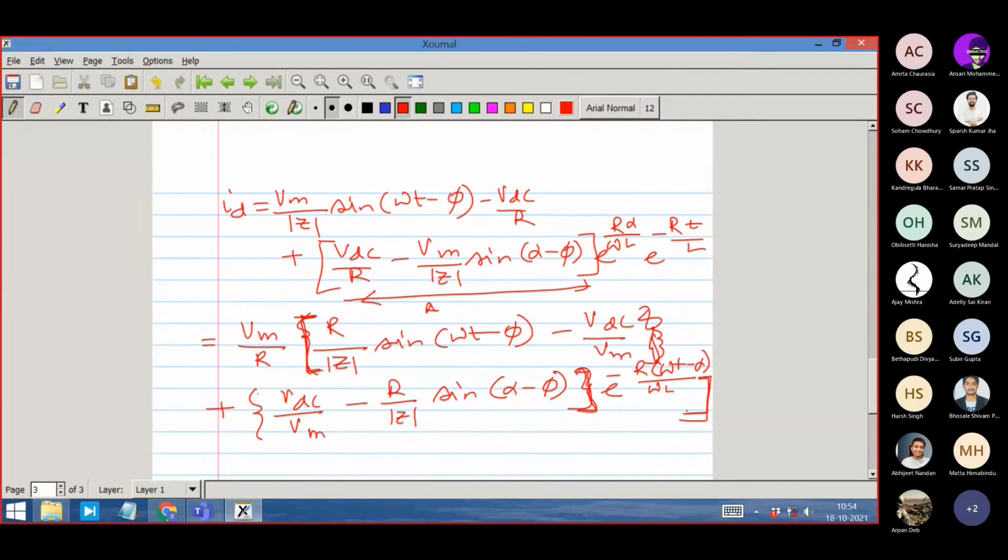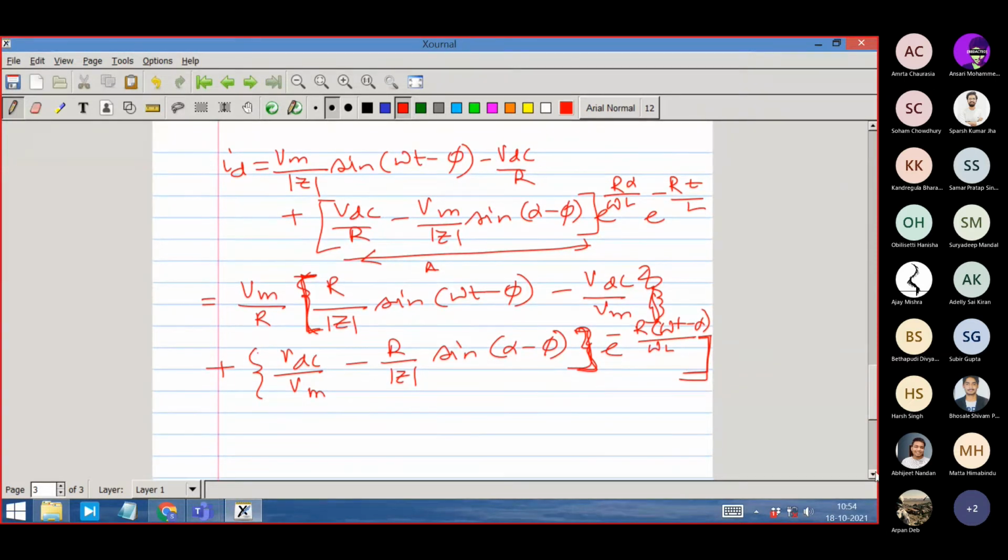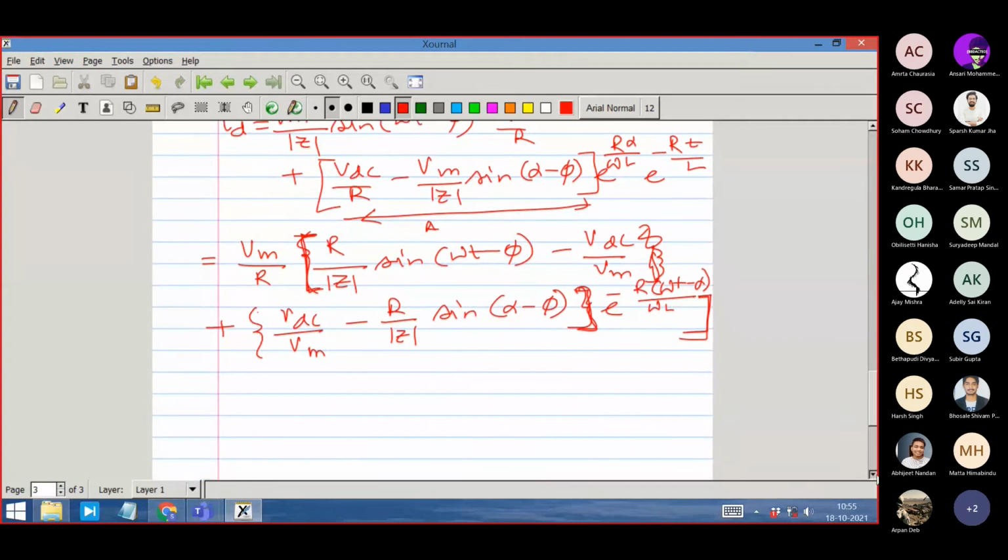Okay. So what I can say is that e to the power minus r into, the unknown angle theta, omega t is equal to theta, I am writing theta minus alpha by omega L, is equal to a ratio, VDC by Vm. Okay, here also VDC by Vm is there.